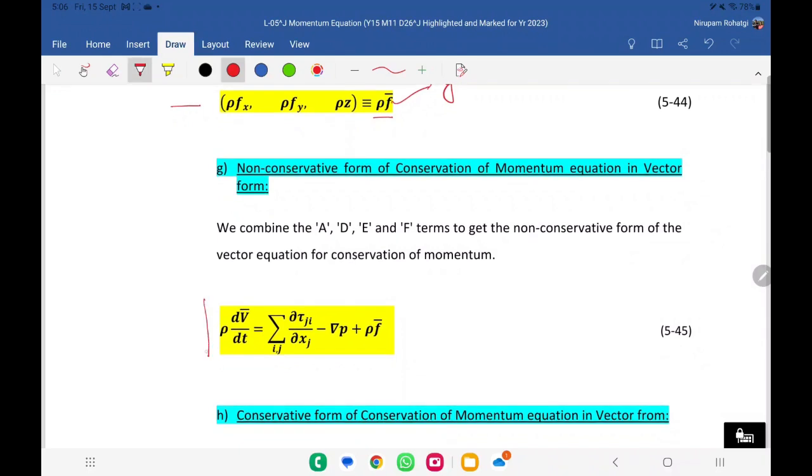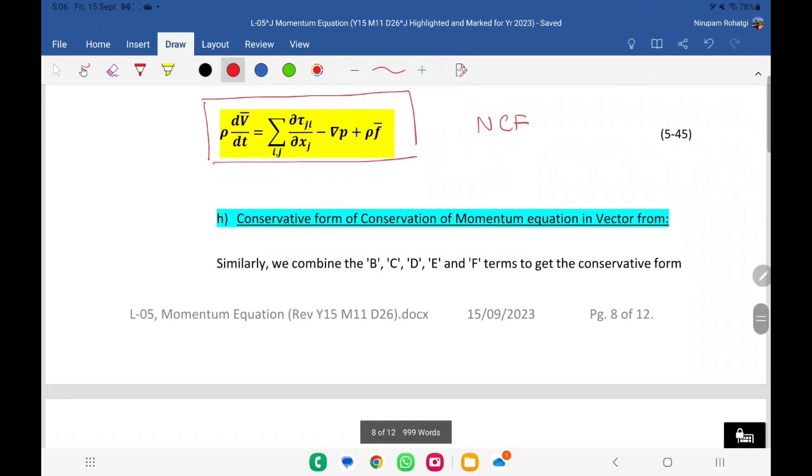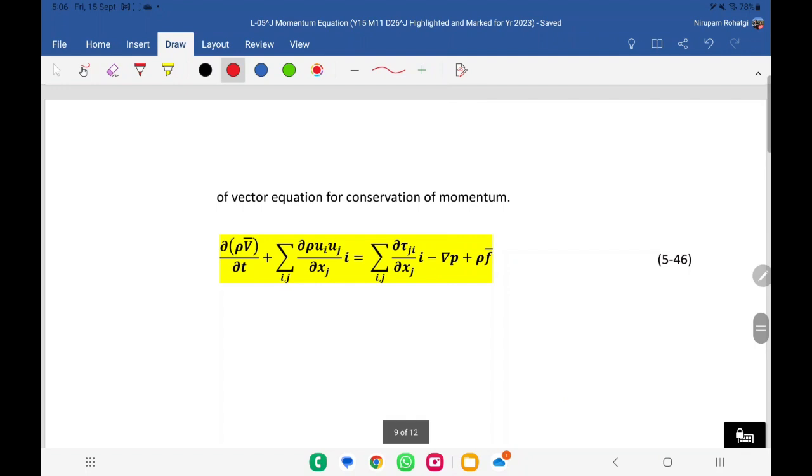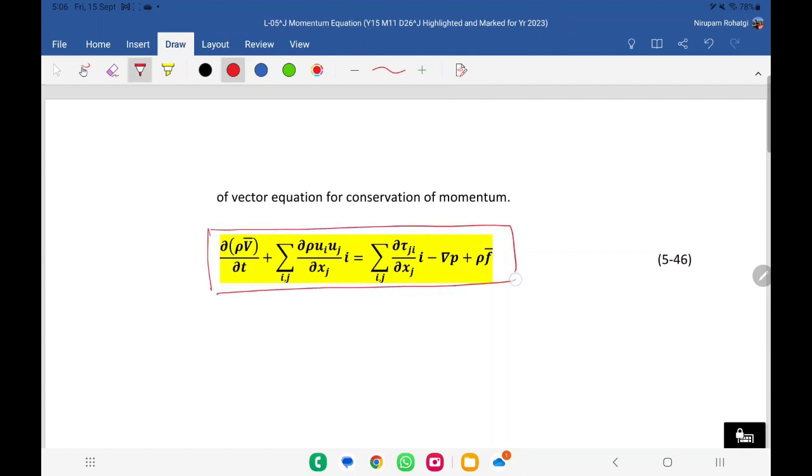This is one equation, in non-conservative form, with all 3 equations put together. Similarly, you have this equation, which is the conservative form, with all 3 equations put together.